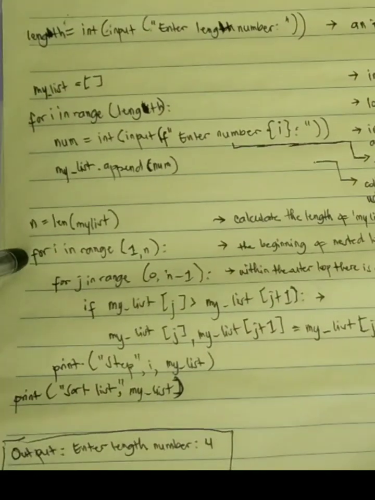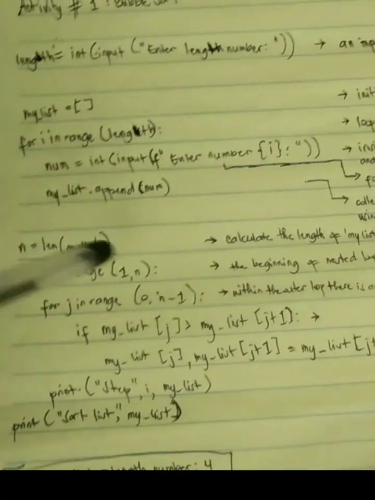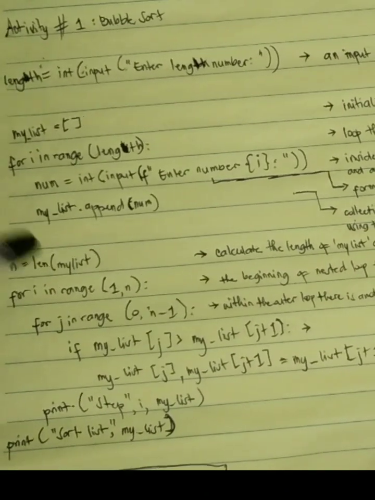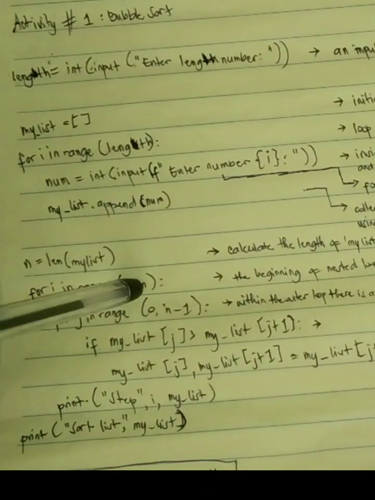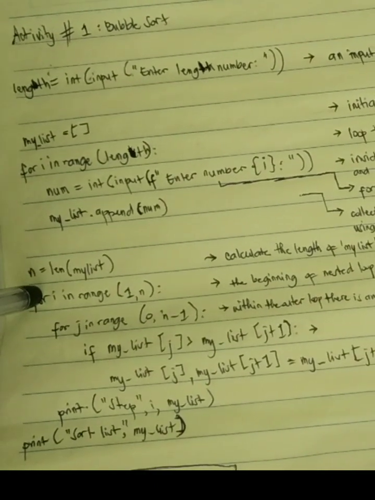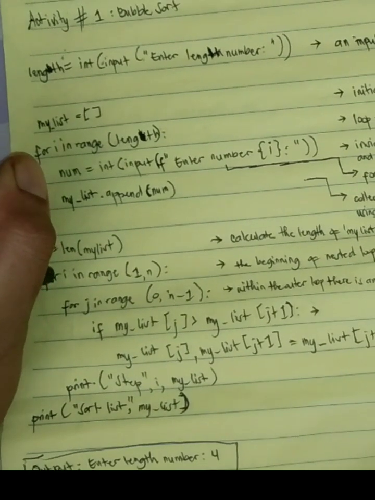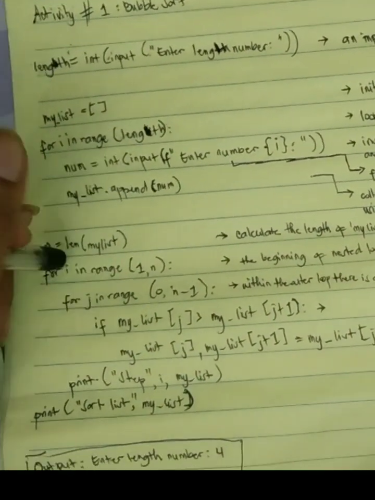Next is kani nga line for i in range. So nag-set siya i nga range to 1. So kaning i na karon is 1 na siya, kilinig siya sa 0. This is the beginning of the nested looping na nag-implement sa purpose sa activity, the bubble sorting. Nag-iterate ni siya. So meaning, ang i is 1 na.